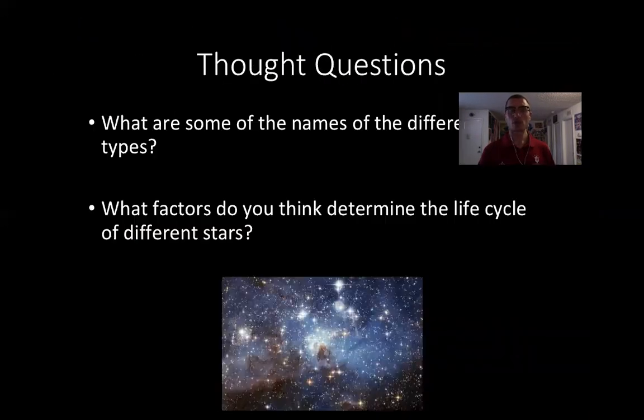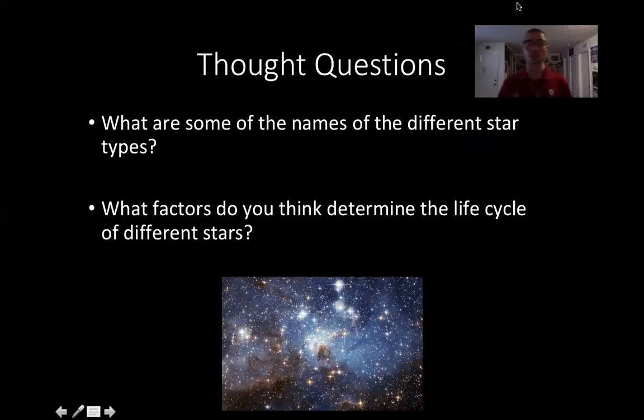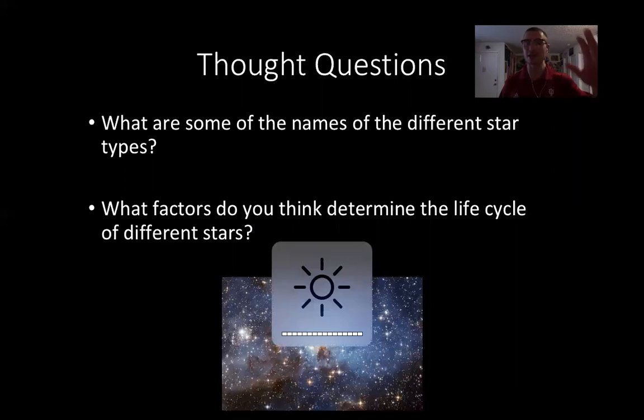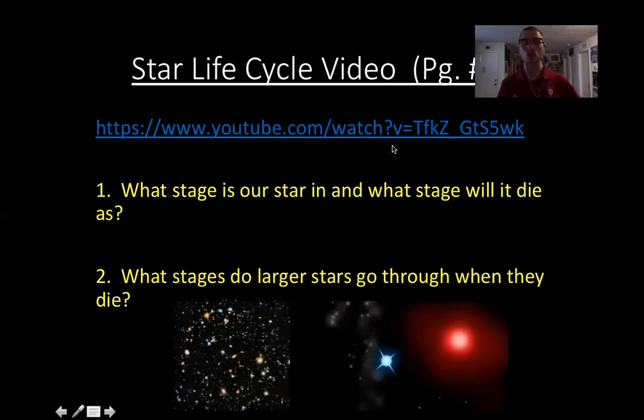Okay. So some things to think about here. What are some of the names of the different star types? And what factors do you think determine the life cycle of different stars? So maybe it's the composition of those stars. Maybe it's the size of the stars, right? So questions include, what stage is our star, the sun, in right now, and what stage will it die as?